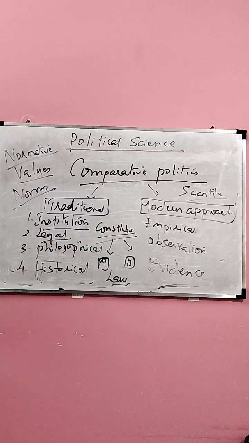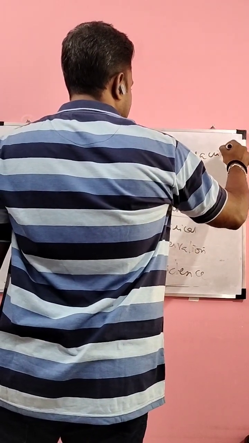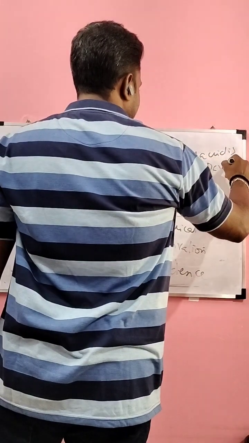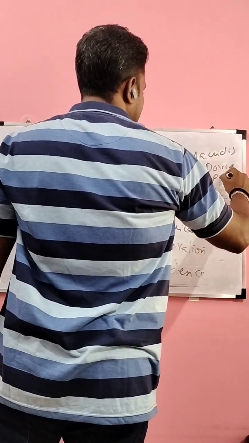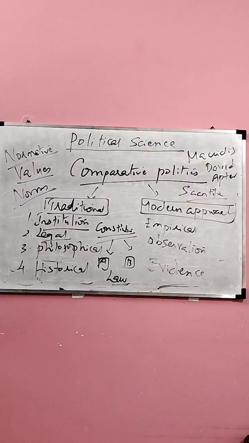Macridis is a very important scholar. Macridis, David Apter, these are some important scholars following the modern tradition of comparative politics. In fact, they were the ones who declared that they were actually doing comparative politics.